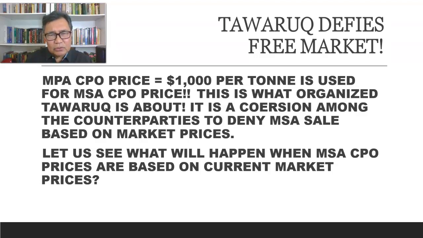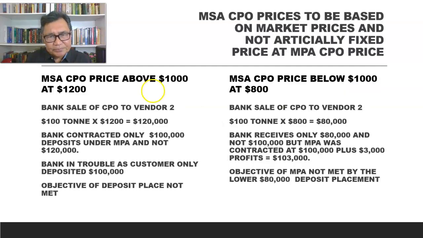However, this is not truly happening because the current Tawaruq system has imposed the $1,000 price used in the MPA contract. But let us see what will happen to the Tawaruq when the MSA CPO price is based on current market prices.